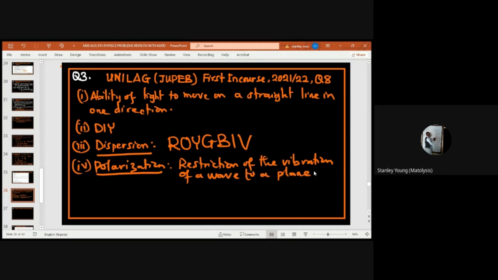This is called plane polarization. Restriction of the vibration of a wave to a plane. Okay, that's the simple definition for it.